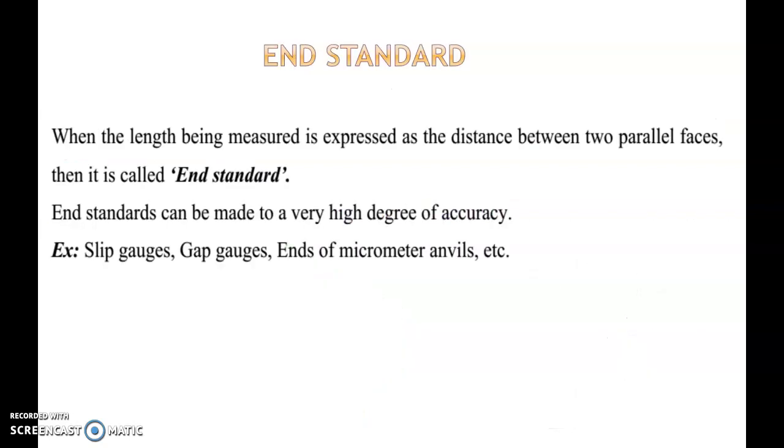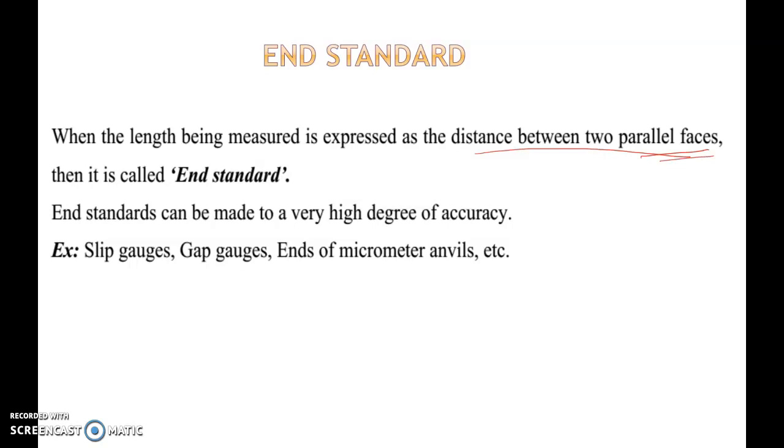Another standard to consider is the end standard. In line standard, we discussed the distance between two engraved lines, but in end standard, it is the distance between two parallel faces or parallel surfaces.